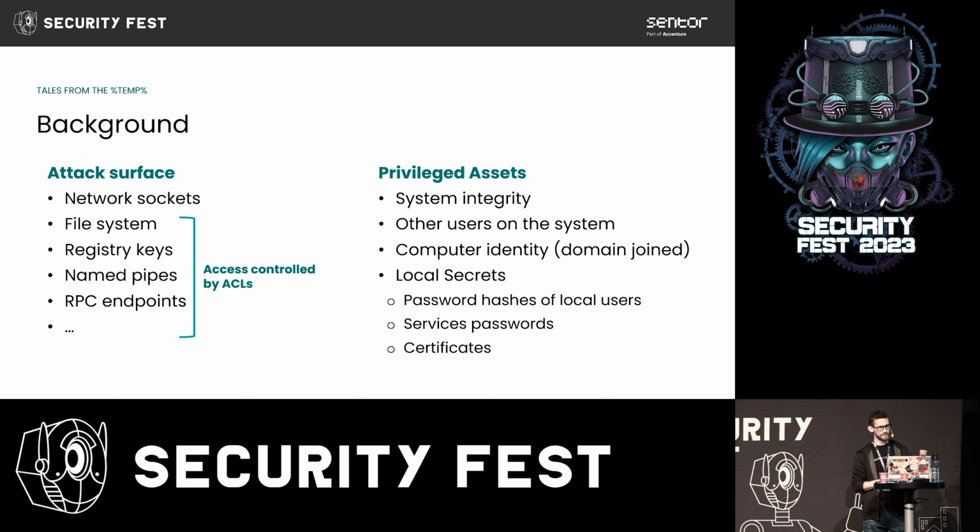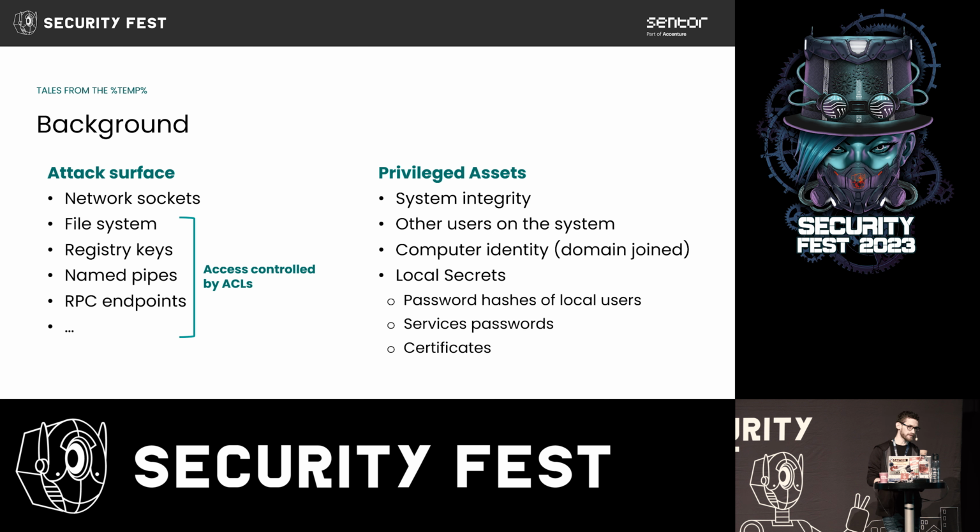The assets that attackers are interested in are the integrity of the system itself and other users logged in on the system. There might be a domain admin or a server admin logged in there. If you're able to compromise the machine, you can pivot in and use their privileges.